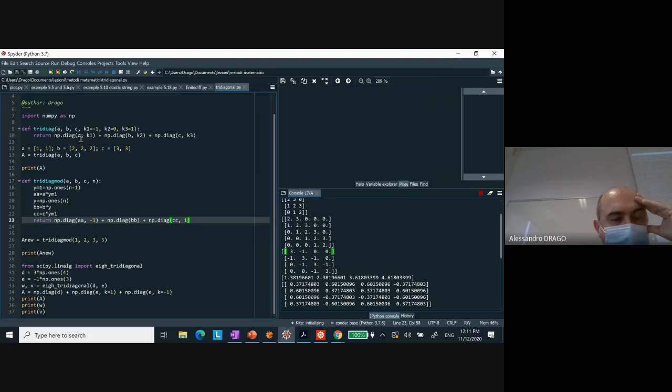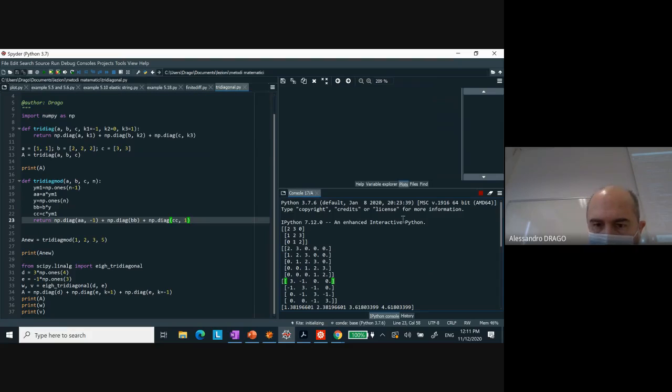And this diagonal, with respect to the main diagonal, has an offset k1. If you look at the example, it should be more clear. So this is what you get. This first line here is what you get from this example.